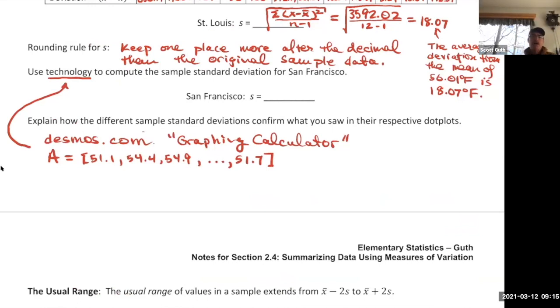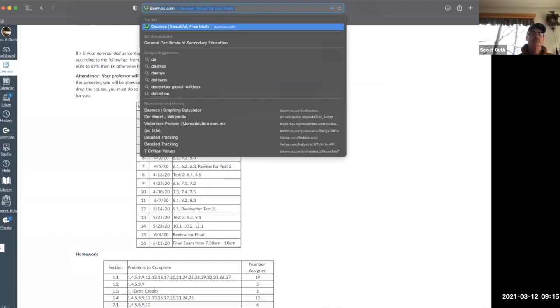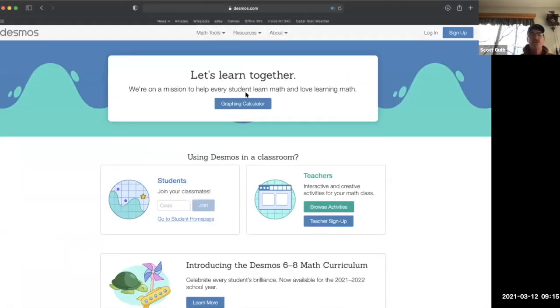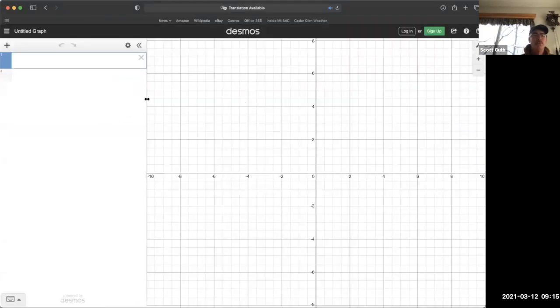So we're going to pop over to desmos.com and I'll do my share. You just click on the graphing calculator in there. And this place where you enter commands is on the left. If we do graphs, that's on the right.